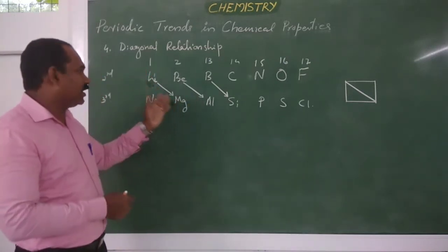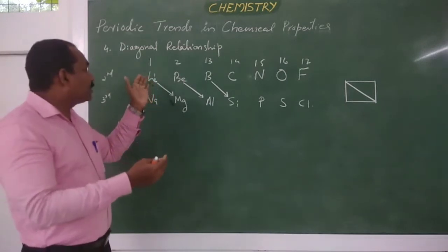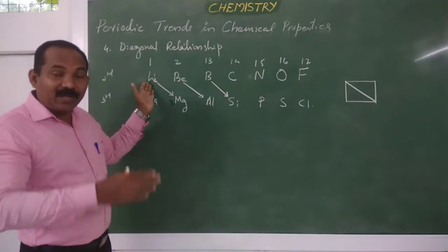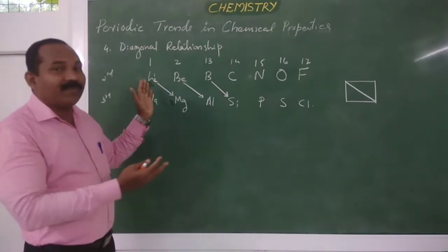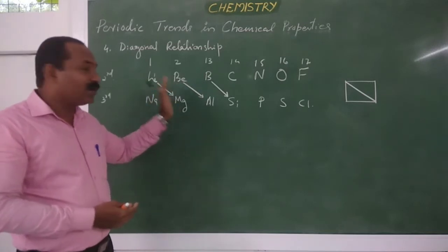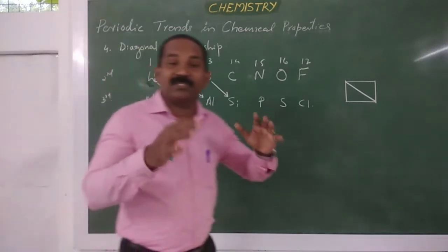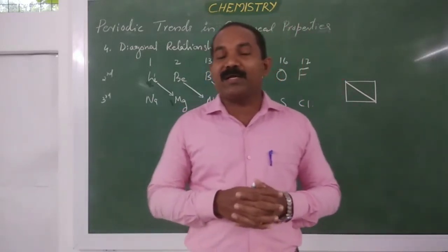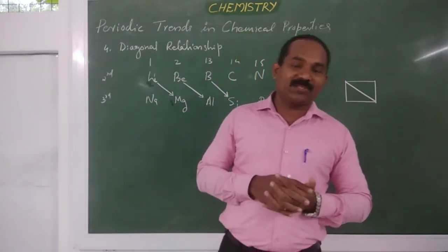Or we can say that some elements in the second period have similar properties to the next element in the third period. Such properties are called a diagonal relationship.